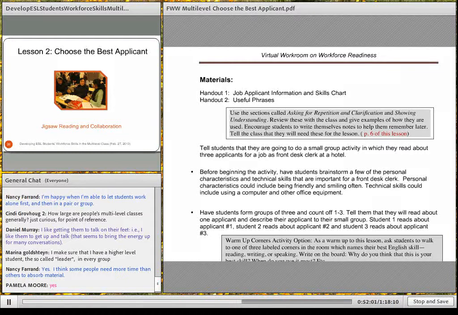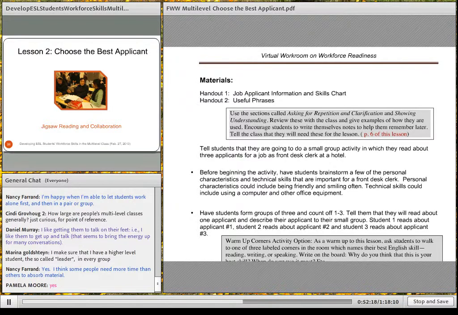Encourage students to write themselves notes to help them remember later what the meaning of these phrases are. And as we go down to the lesson, I'll show you those. I think it may get you dizzy going down the page too quickly. But let's continue down this lesson.